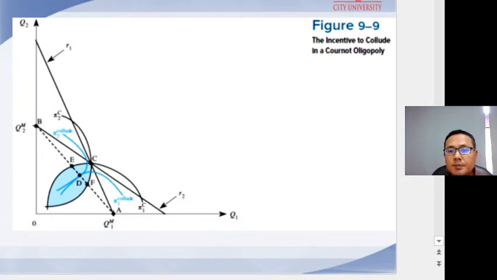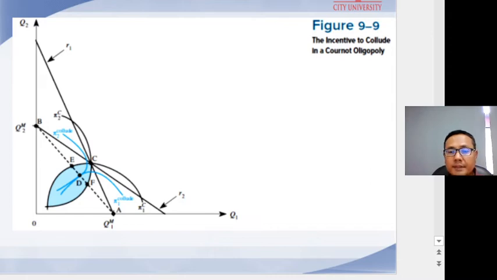The equilibrium profits of firm 1 are given by isoprofit curve pi 1C, and those of firm 2 by pi 2C. Notice that the shaded lens-shaped area in this figure contains output levels of the two firms that yield higher profit for both firms than they earn in a Cournot equilibrium.